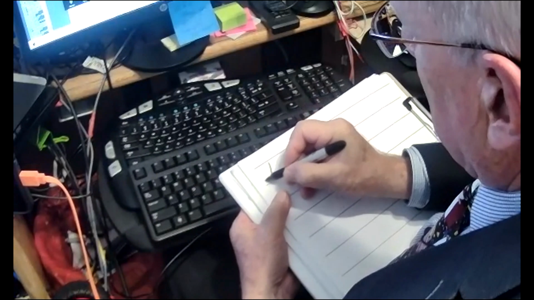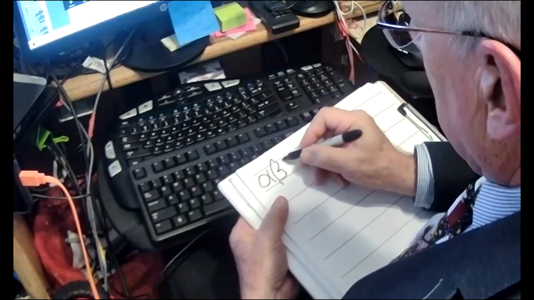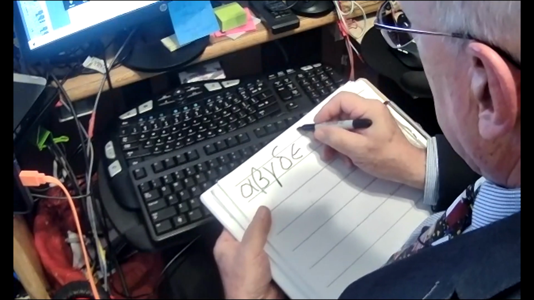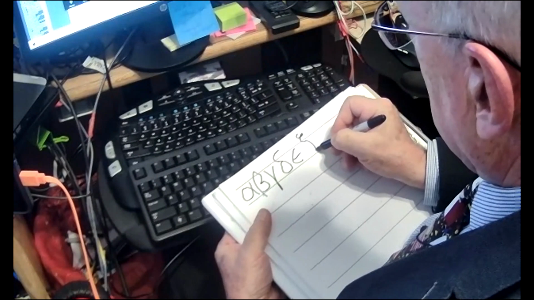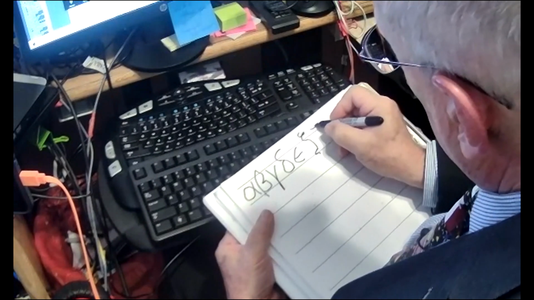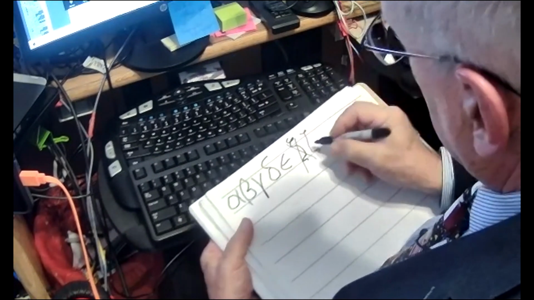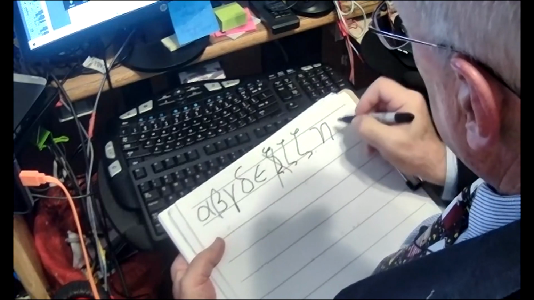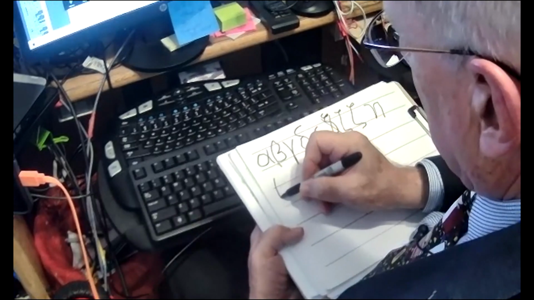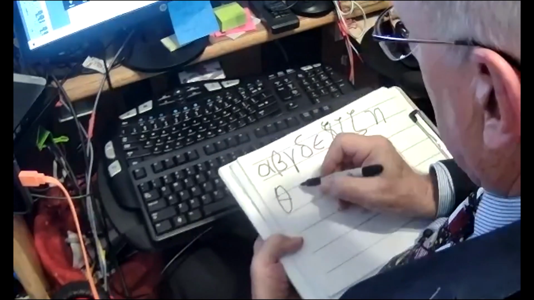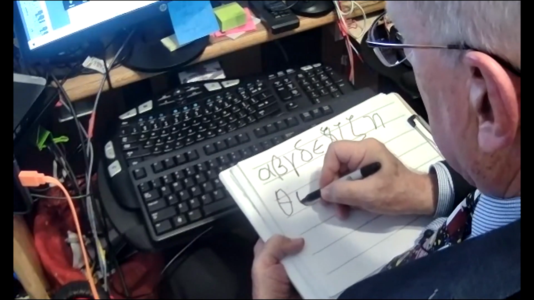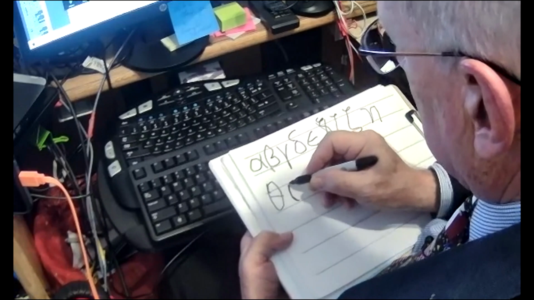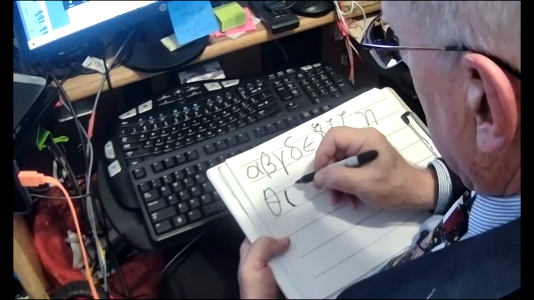So we've had, let's write them: alpha, beta, gamma, delta, epsilon, zeta, sorry, that's wrong. Zeta, eta, and then we had theta, like an egg, and then iota. Notice iota is a line down, but it has a little curve at the bottom, but no dot. It's not an I. It is an I, but it doesn't have a dot. Iota.